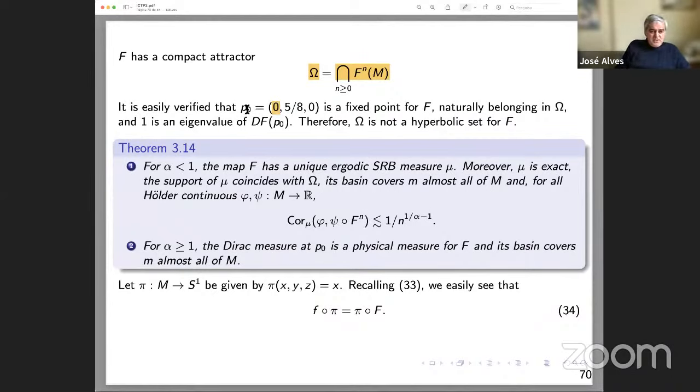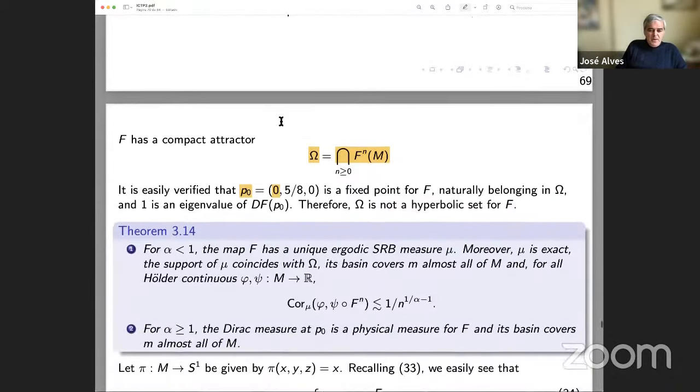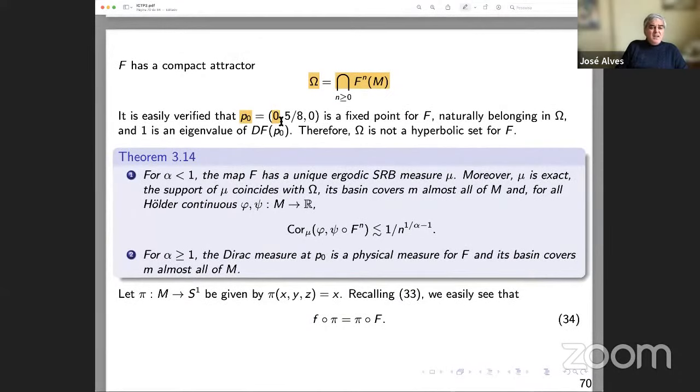So let me consider this point. I call it P0. We can compute this fixed point, and this is for 2x mod 1. Due to the direction in S1, the little f has derivative 1, so it has an eigenvalue 1.